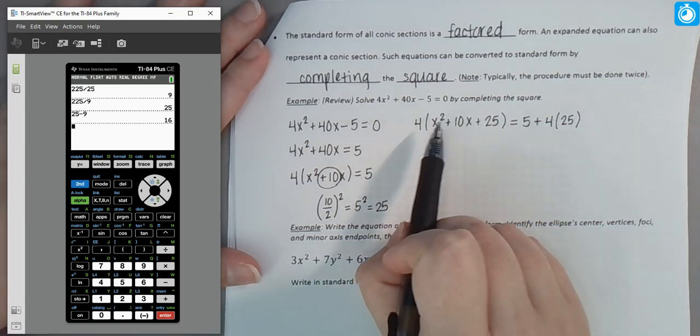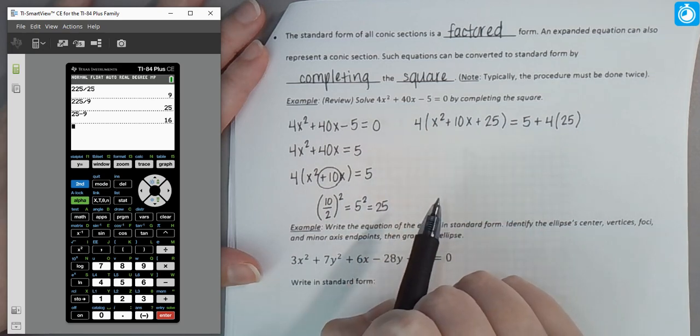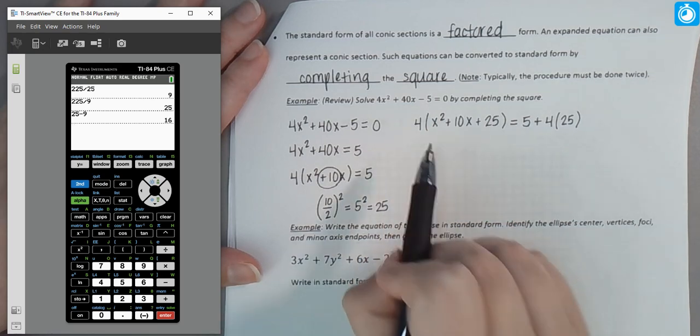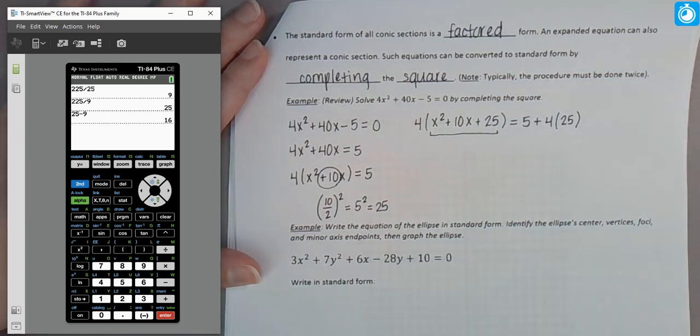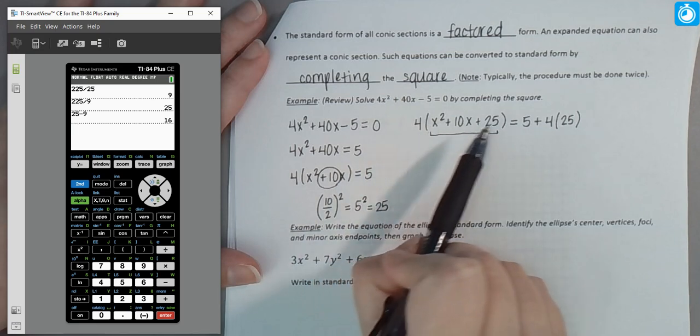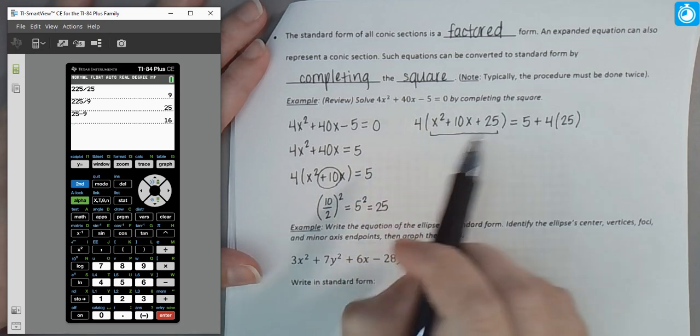Now, what we have is something that factors in a very specific way. This trinomial right here is what we call a perfect square trinomial. In other words, it factors as a binomial squared, a single binomial. So when we factor trinomials, typically we have a combination of two different binomials. In this case, the two binomials aren't in fact different, it's actually the same binomial.